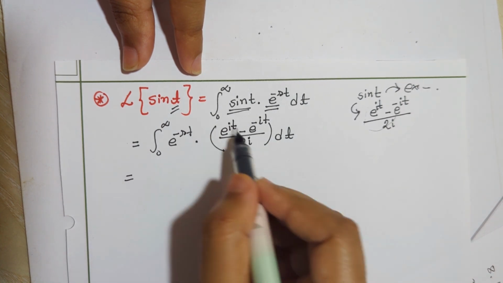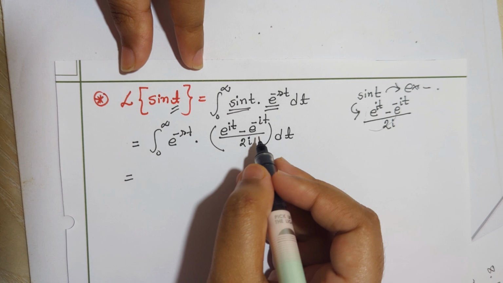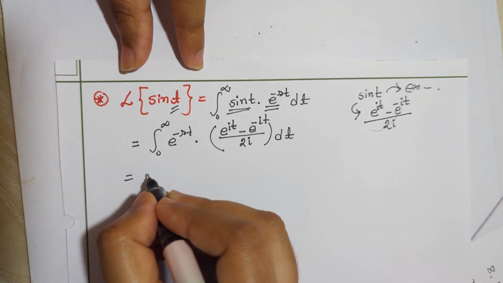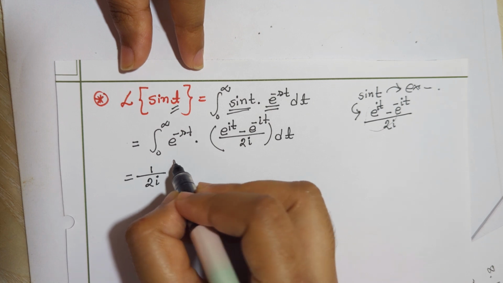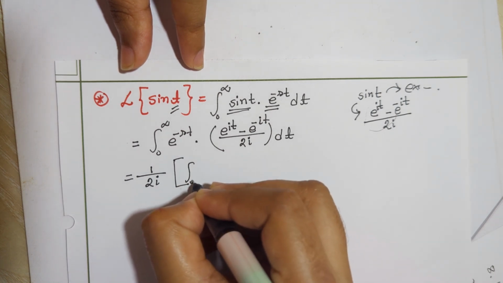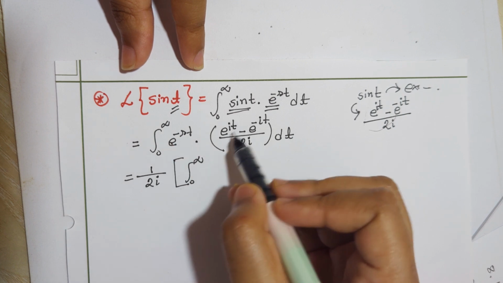So we will multiply these two exponential terms, and as this 2i is a constant for this function, we will take it outside the integral. So we will use the third bracket, the integration from 0 to infinity. At first we multiply with these terms.